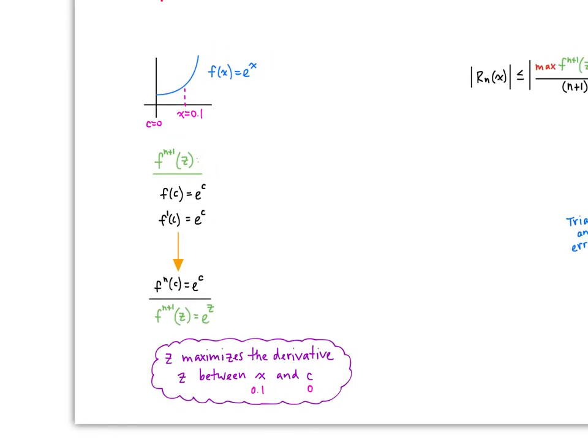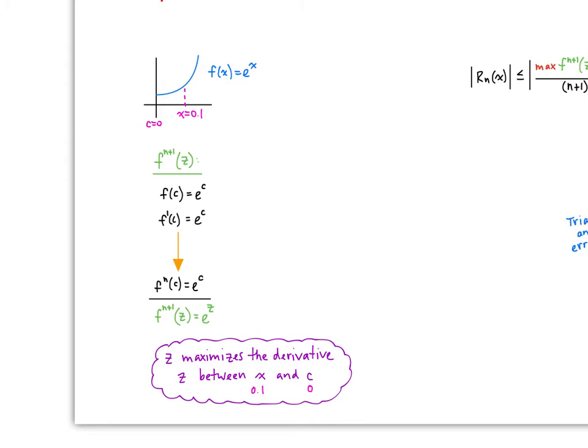What we should notice is our ultimate goal is to find the maximum value of the n plus 1 derivative at z. So let's go through what the derivative is. If we're looking at our graph of f of x equals e to the x, c is 0 and x is 0.1 because we want e to the 0.1.